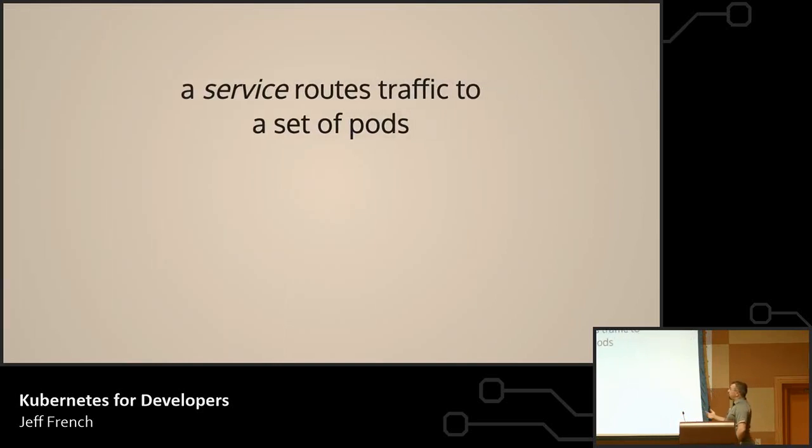Now, the next thing that you need, so we've got an application that's running. We probably want to get some kind of traffic into that application, usually over TCP, HTTP. And so a service helps route traffic to a set of pods.